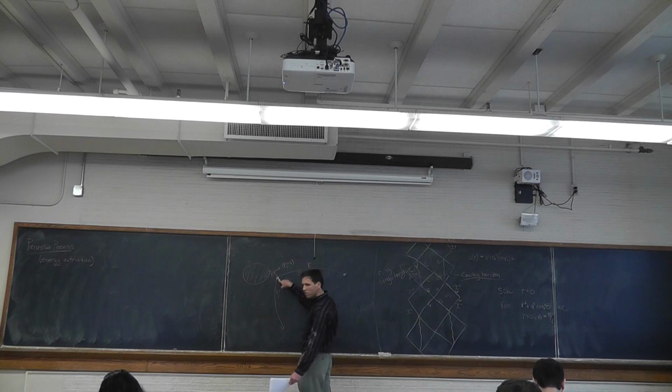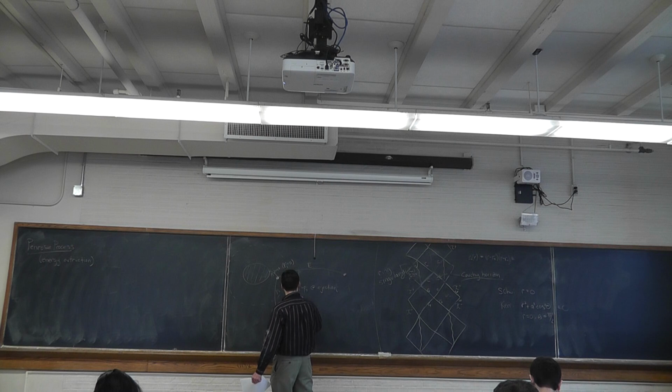So four-momentum is going to be conserved at this point here. P is equal to P1 plus P2 at the ejection, which means that E is equal to E1 plus E2.